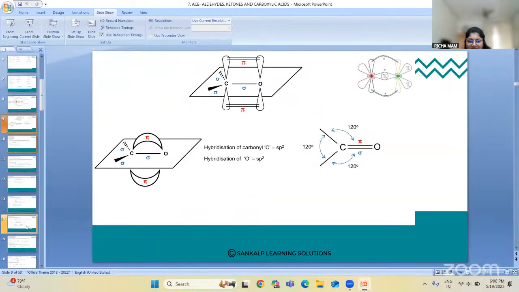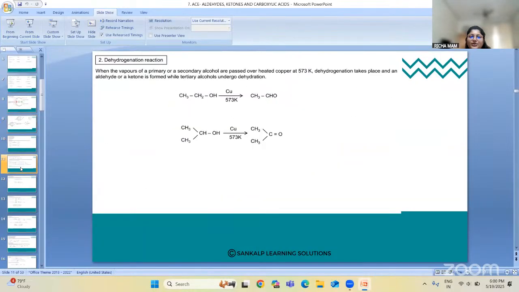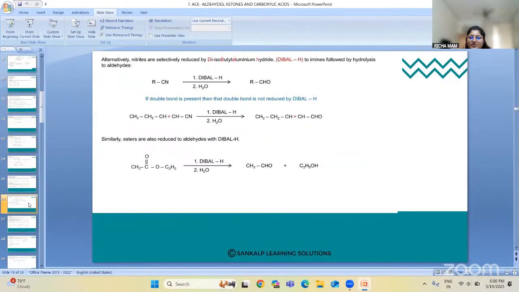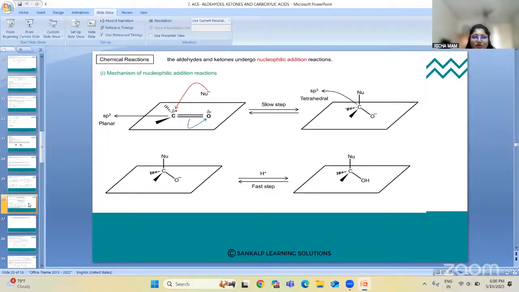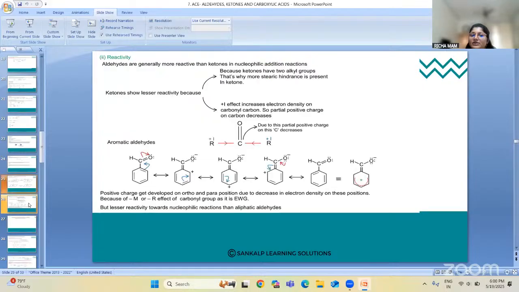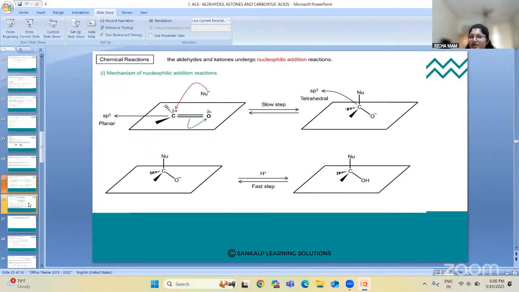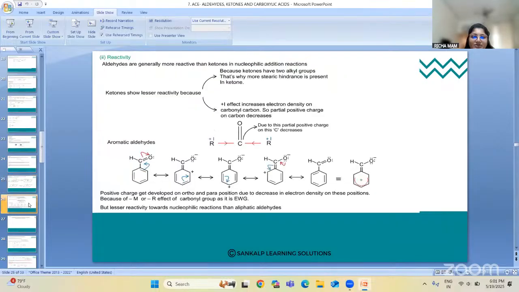The last part we discussed was nucleophilic addition reactions and their mechanism: how the nucleophile attacks the carbonyl carbon and how the addition takes place.